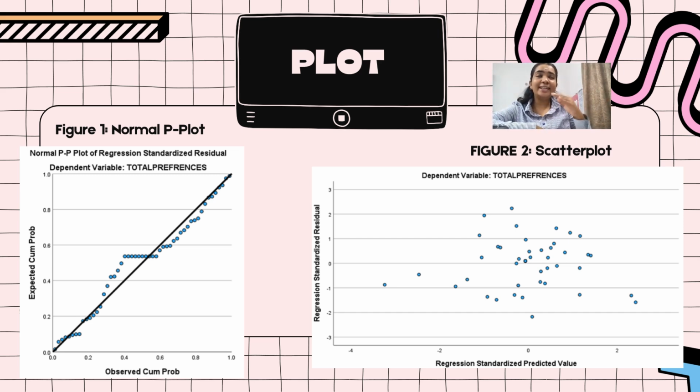In the right-hand side plot, which is figure 2, the residuals are expected to be roughly rectangularly distributed with most of the scores concentrated in the center. Deviations from a centralized rectangle suggest some violations of the assumptions. The presence of outliers can be detected in this graph.